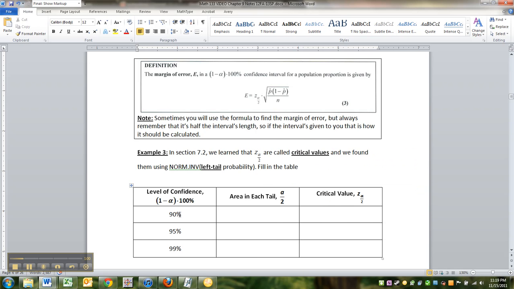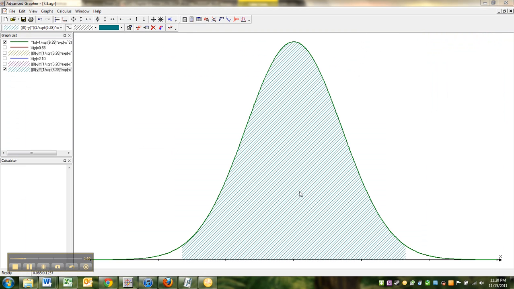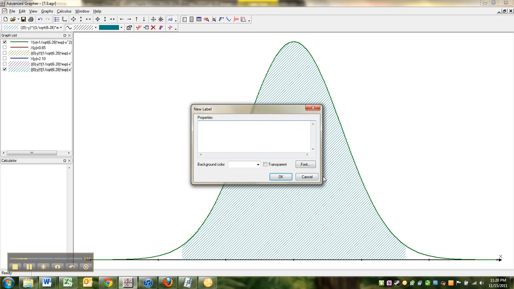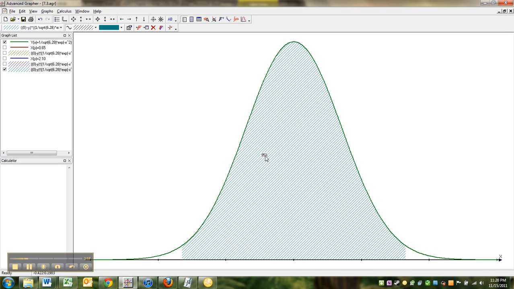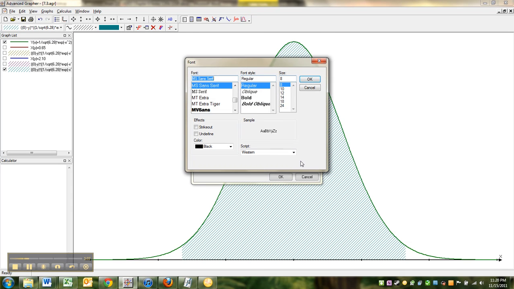If you have 90% in the level of confidence, then the area in each tail, you know what, let me get you a picture. Okay, so the middle up here is 95%. So let me just write that in. 95%. Make it big.